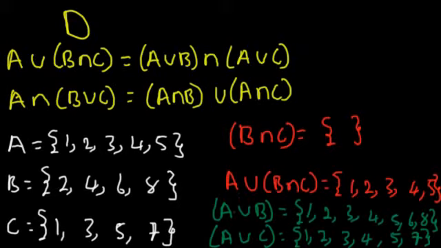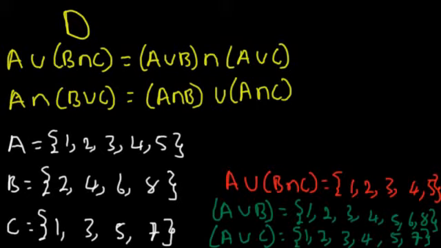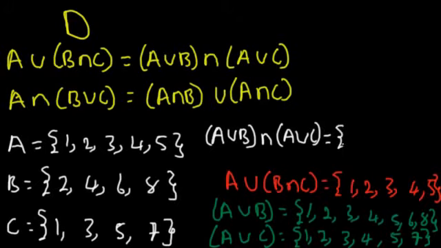We want to find A union B intersect A union C. Now what will be the value of A union B intersect A union C? It will be equal to the intersection of this and this, that is the common elements between them.